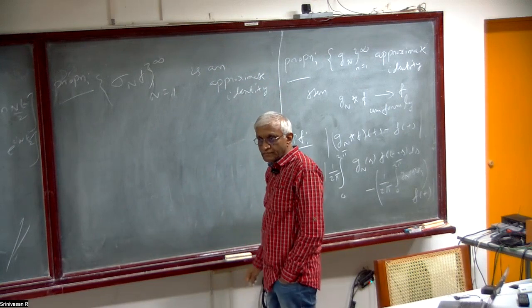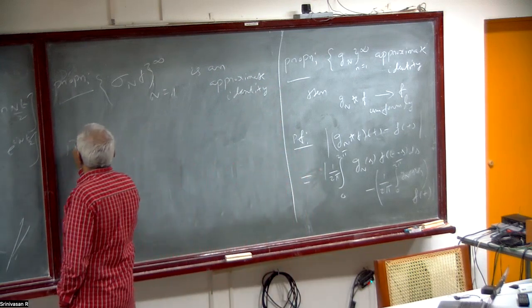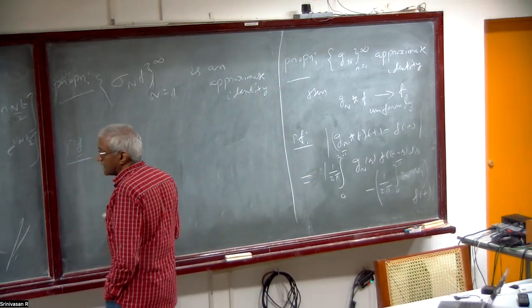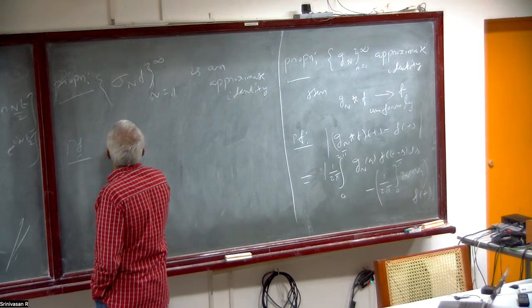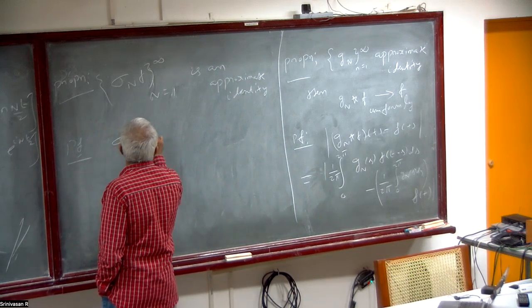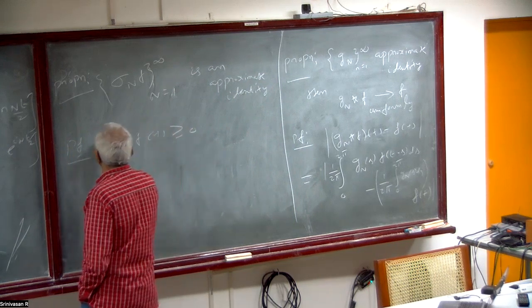And the proof, I mean, it's clearly sigma n greater than or equal to 0. The first condition is satisfied.